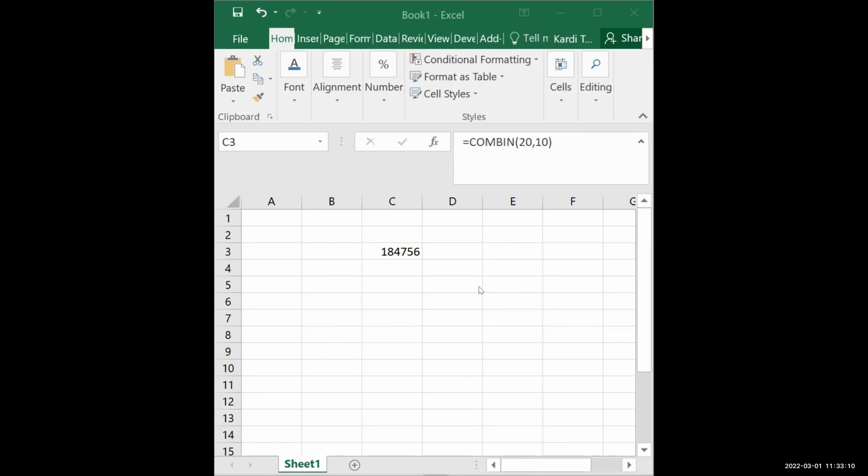There. And then multiply this with, okay, I will put 20, and then this one is 20 divided by 2. So this is the input.